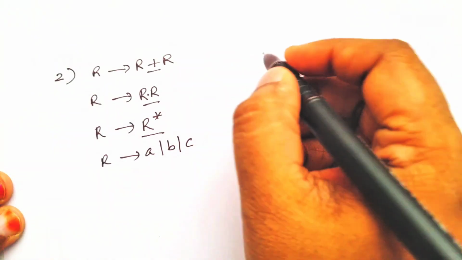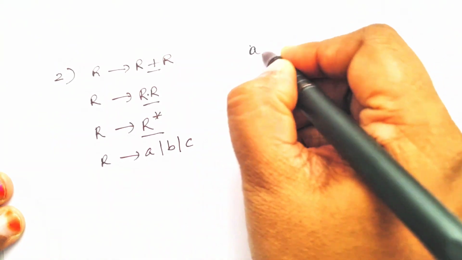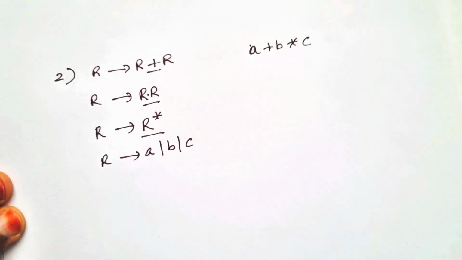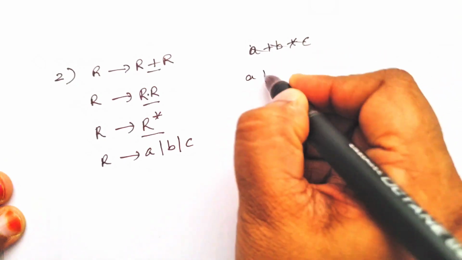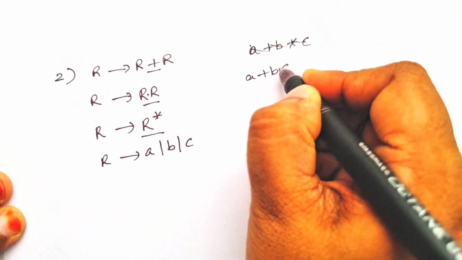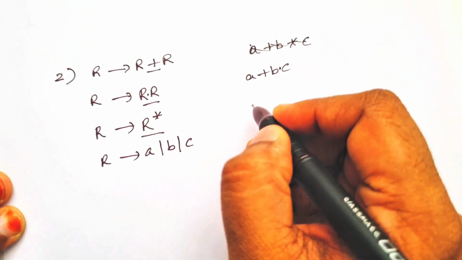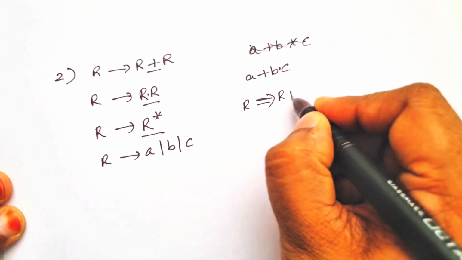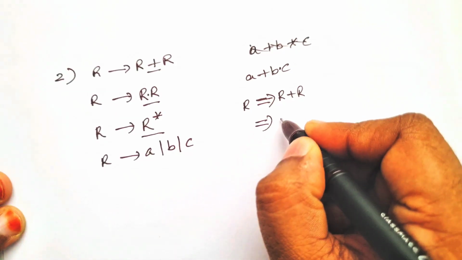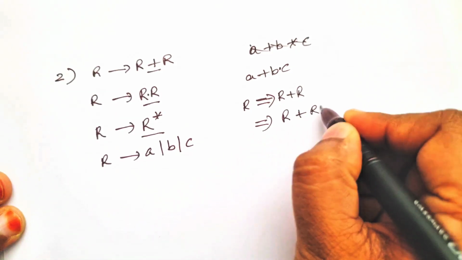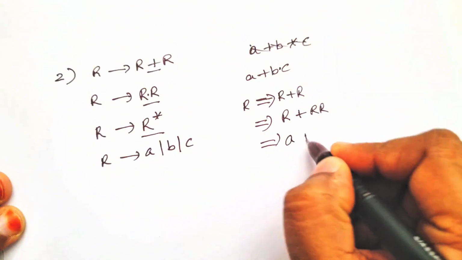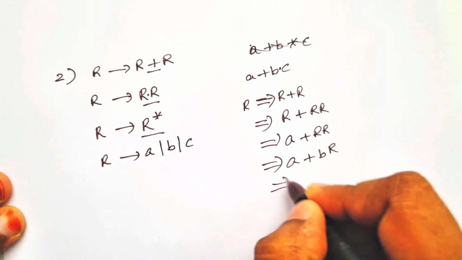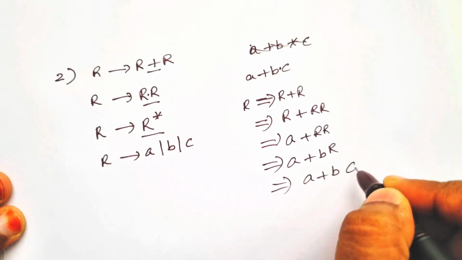See here, for A plus B star C, let me consider A plus BC, meaning A plus B dot C. What will you get? R derives R plus R, then R plus RR, and then A plus RR, then A plus BR, A plus BC.